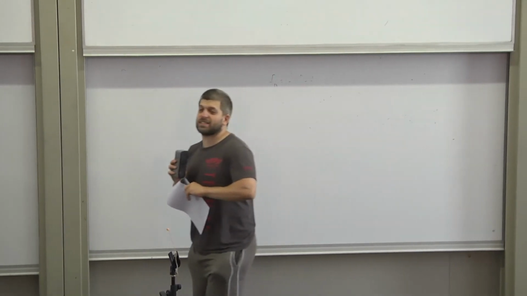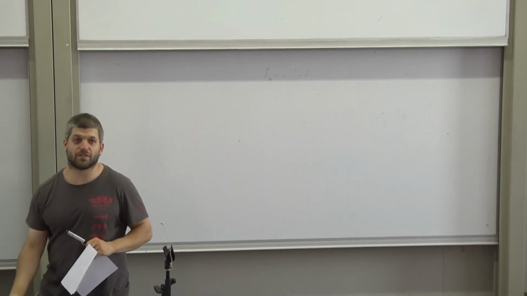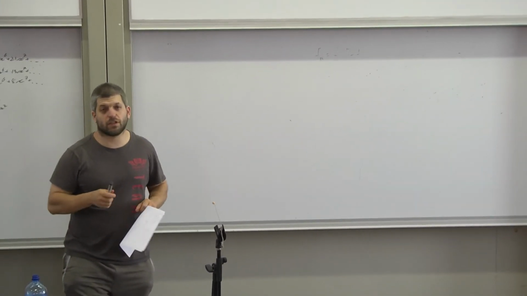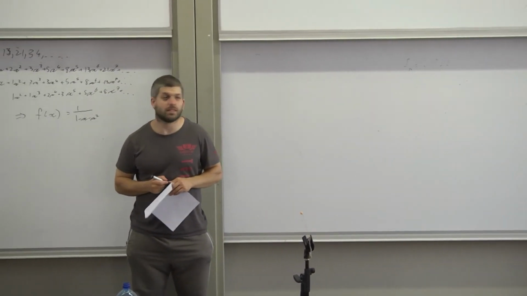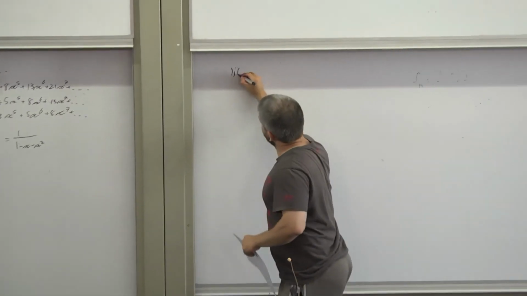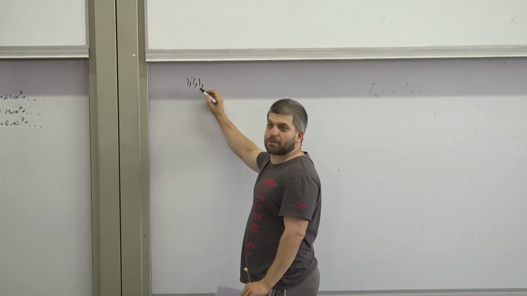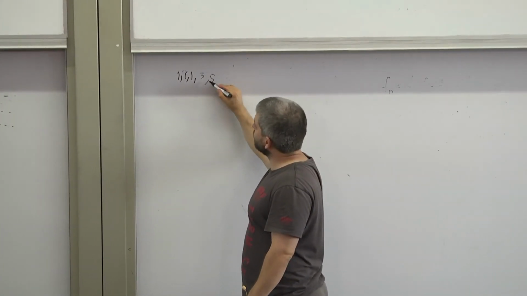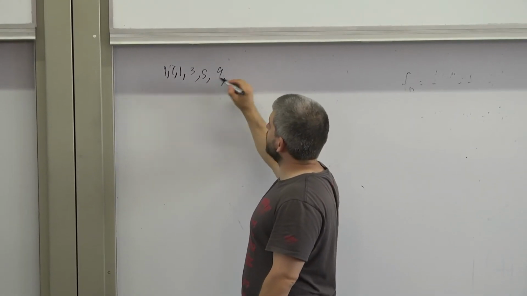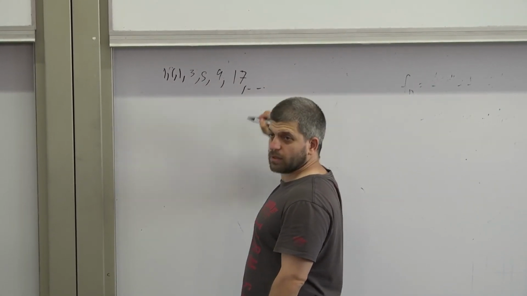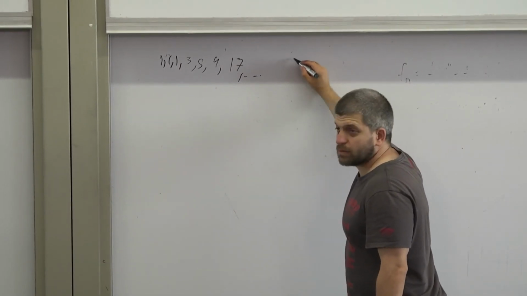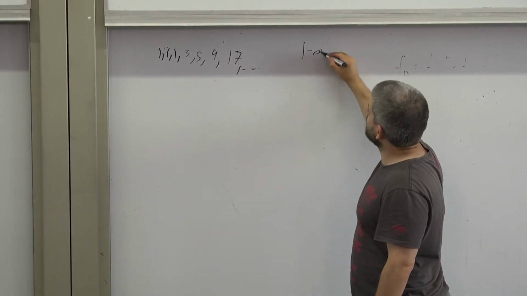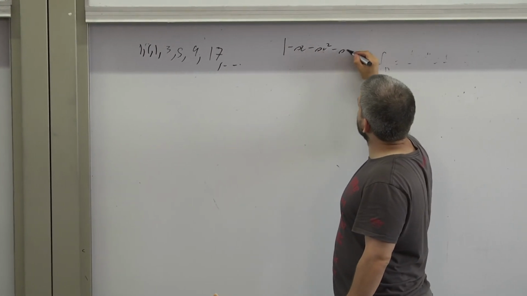A particularly nice case of this, the Fibonacci numbers. So you start with 3 ones, and then you add up the last 3: 3, 5, 9, 17, and so on. These will grow like the largest root of 1 minus x squared minus x cubed.